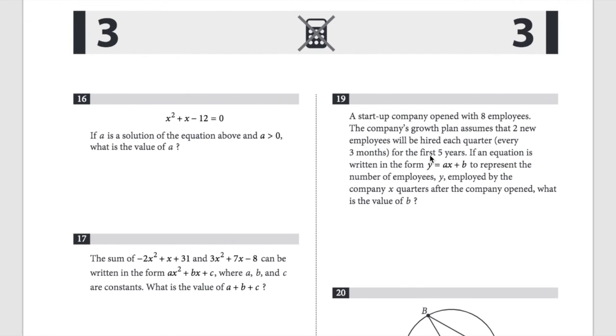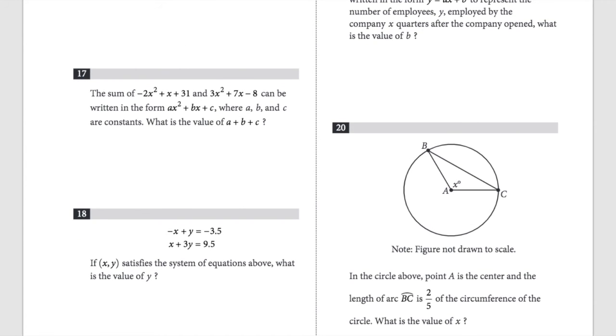Okay? The sum of this and this can be written as this. What is the value of A plus B plus C is the question. So first I'm going to do the sum. When I add negative 2x squared plus 3x squared, that gives me x squared. And then x plus 7x is 8x. And then 31 plus negative 8 is plus 23.